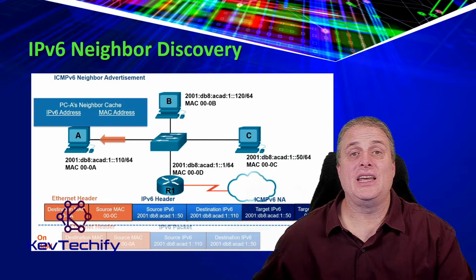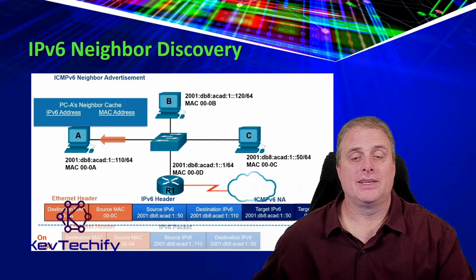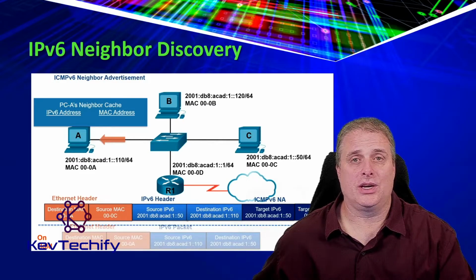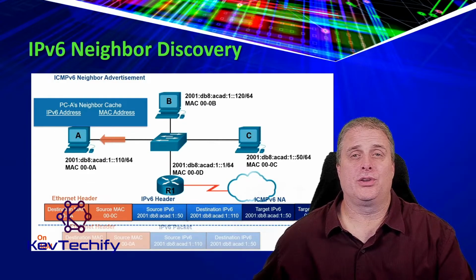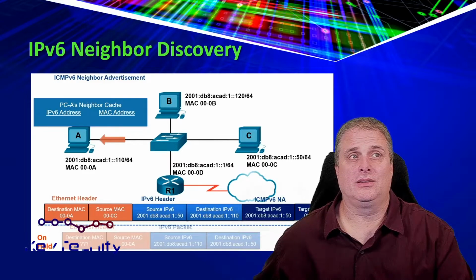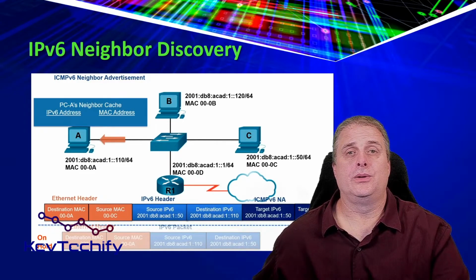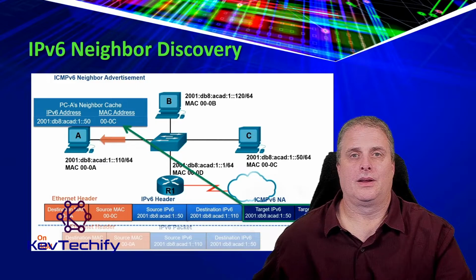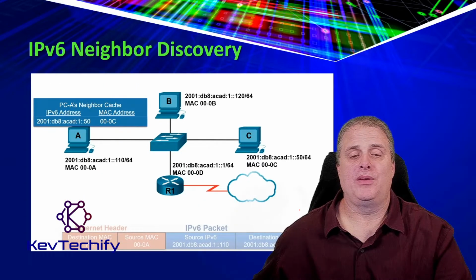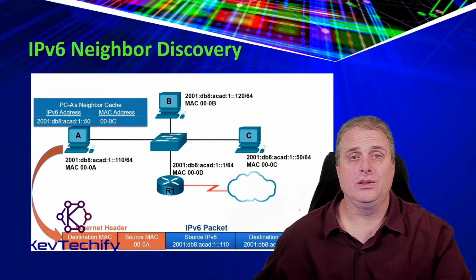Host A receives the Ethernet frame, examines the IP version 6 address and MAC address in the IPv6 header and adds it to its neighbor cache. And now we can take the IPv6 packet off of hold.